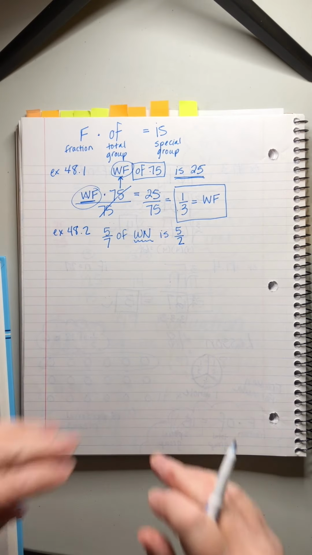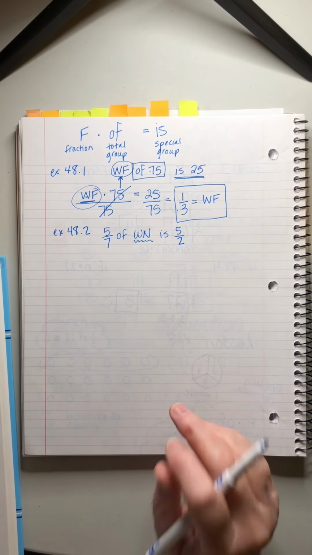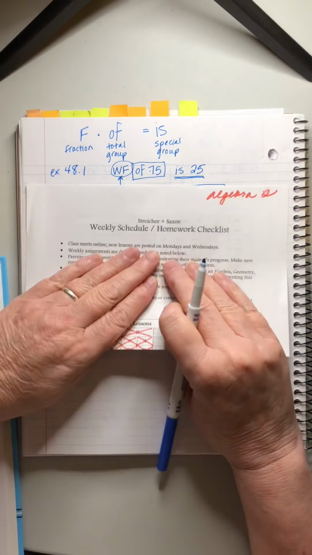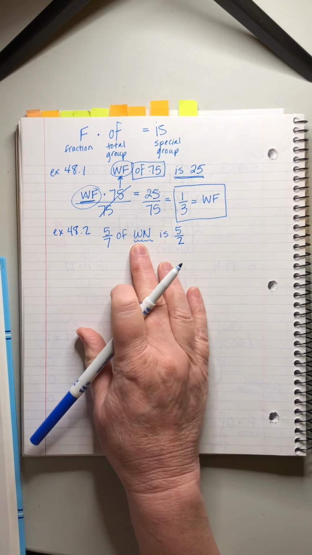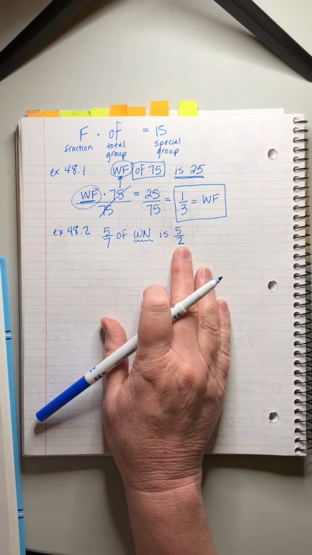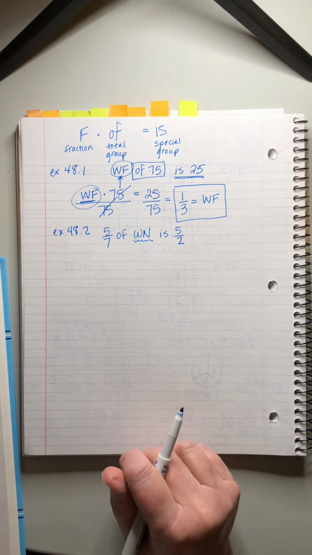This one is also trickier because this first one, that one you could probably do in your head. You could probably see, oh yeah, 25 times 3 is 75, so that represents 1/3. This one's a little trickier because it's fractions, but that's okay, we can do it. This is the way I wrote down the problem. I just read it to myself. 5/7 of what number is 5/2? Okay, now, which one's the fraction?